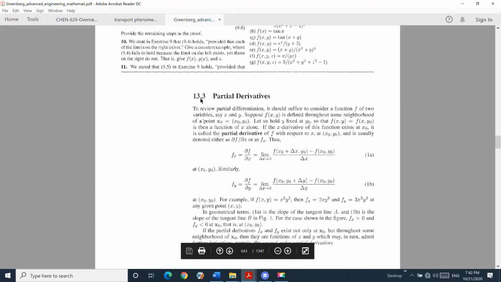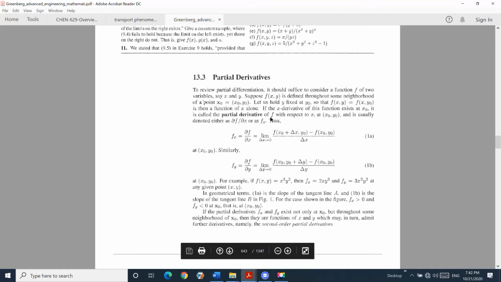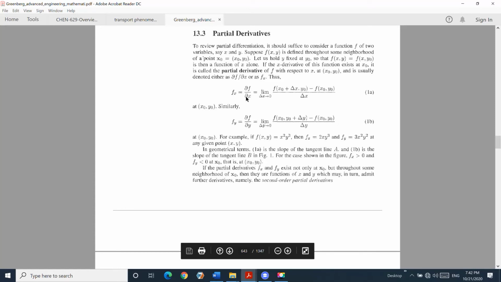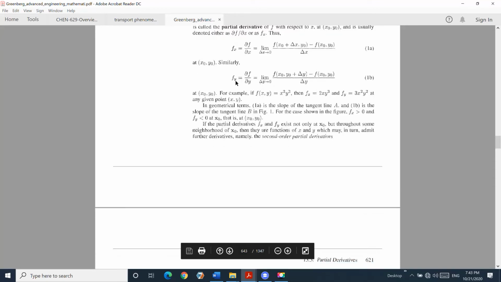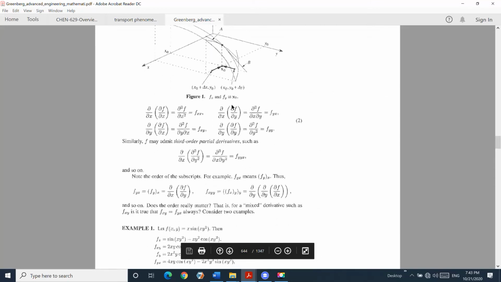Then section 13.3 gives you partial derivatives. If the x derivative of this function exists at x0, it is called the partial derivative of f with respect to x at x0 and y0. You see, we can represent the partial derivative of f with respect to x like this, or like this. You see here the derivative of f with respect to y in a similar case.